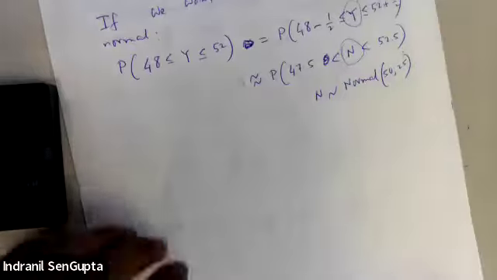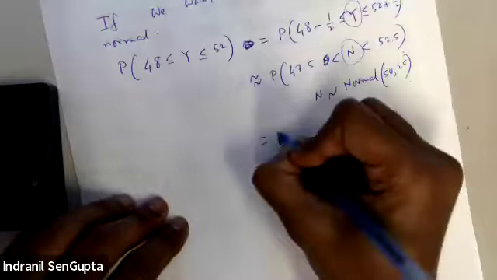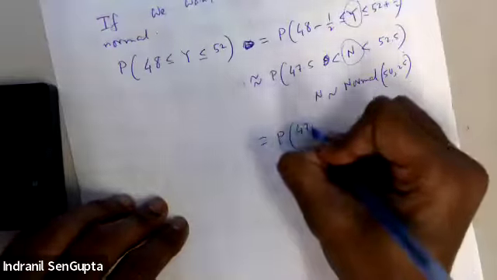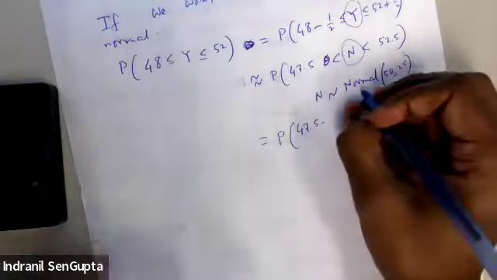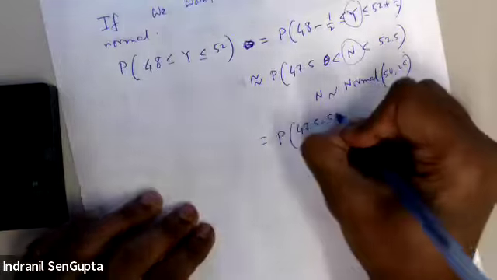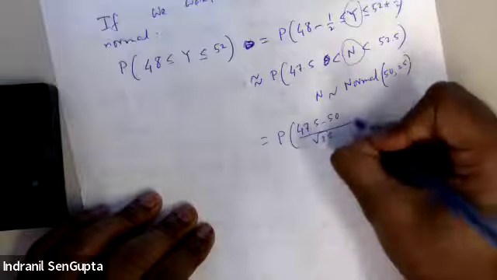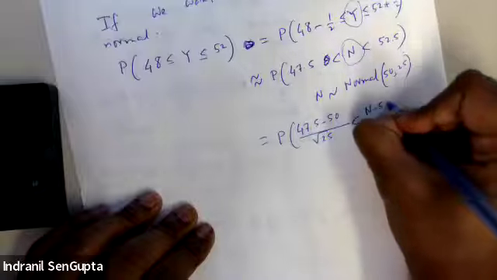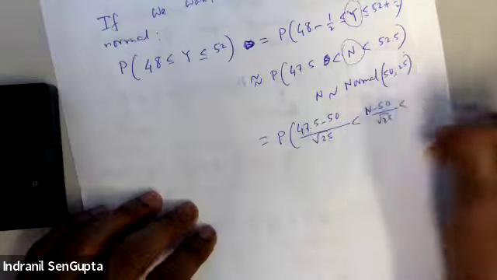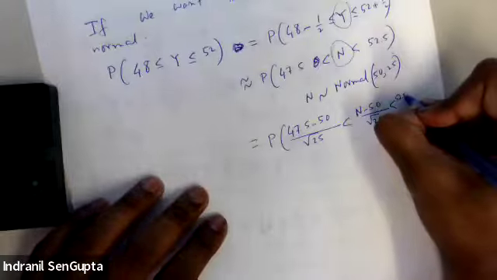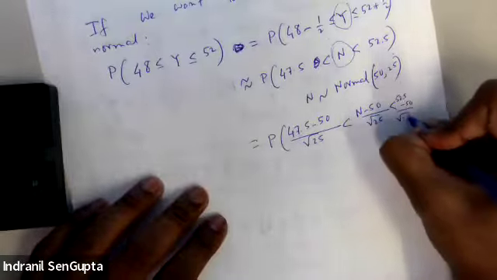I can compute this now. It's probability of 47.5 minus 50 over square root of 25 less than n minus 50 over square root of 25 less than 52.5 minus 50 over square root of 25.